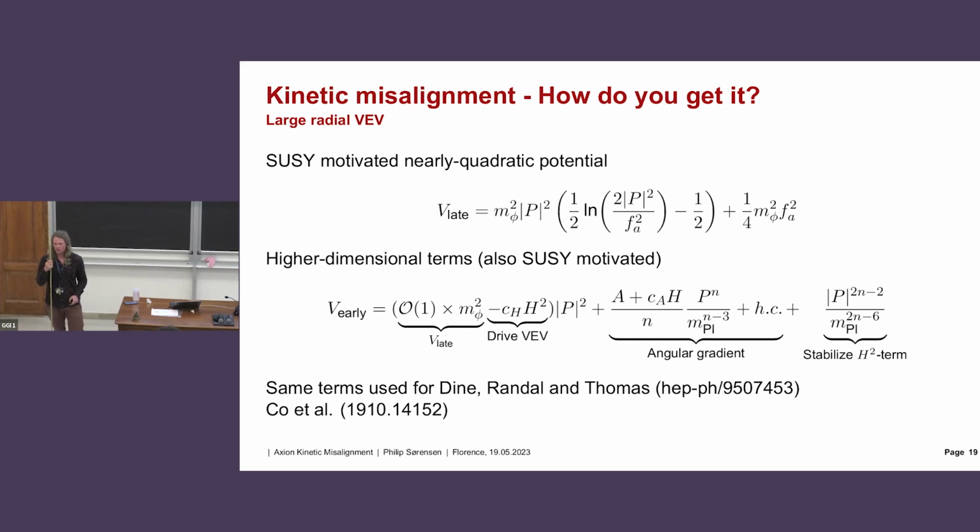For the QCD axion, we have to be extremely careful not to break the PQ symmetry explicitly. I mean, that may completely ruin it. Yeah, no, this is true. You have to be careful that you don't ruin the axion quality.